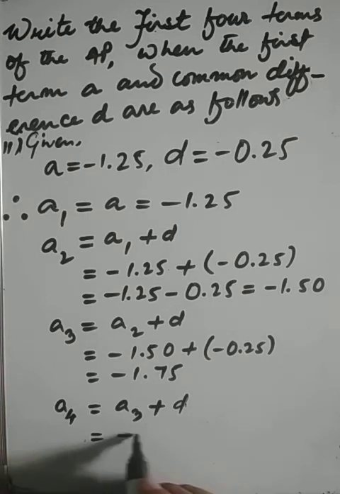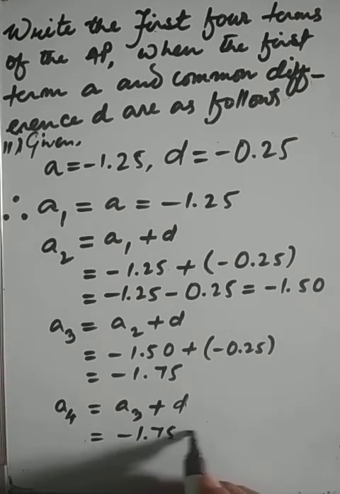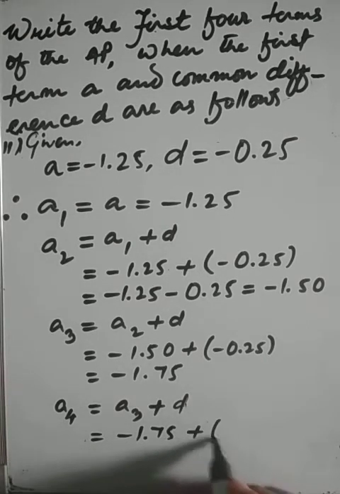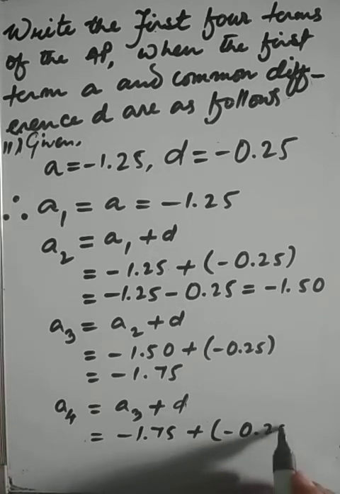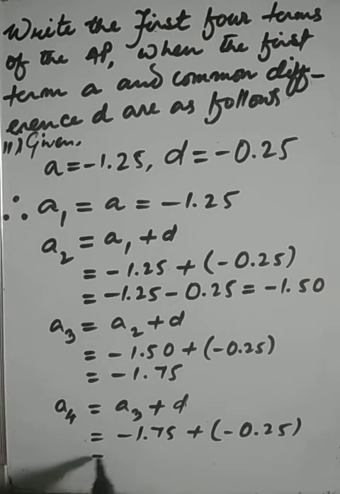Here a3 is minus 1.75 plus the value of d is minus 0.25, and we'll be getting here minus 2.00. So therefore the first four terms of the AP are minus 1.25, minus 1.50, minus 1.75, and minus 2.00 respectively. So after this, we'll be looking for the next question.